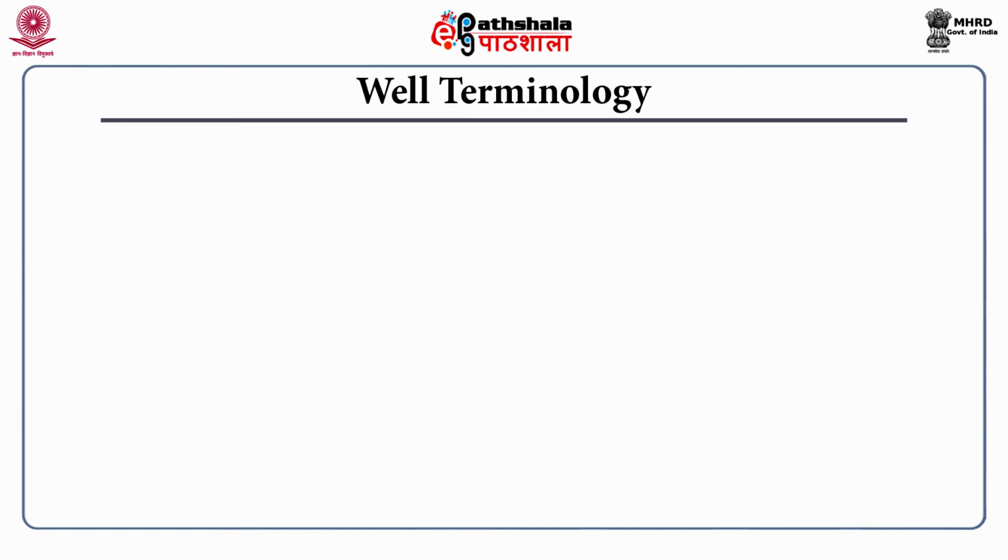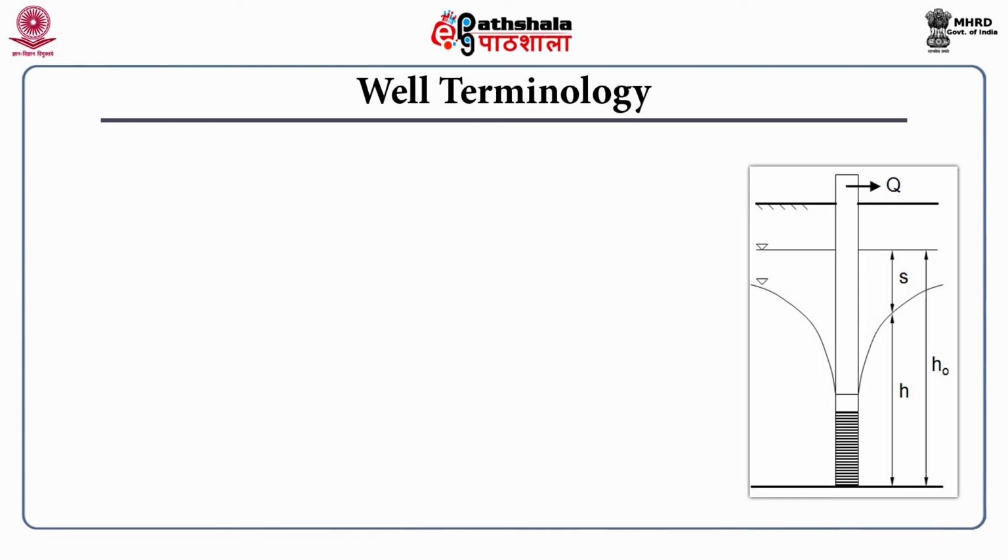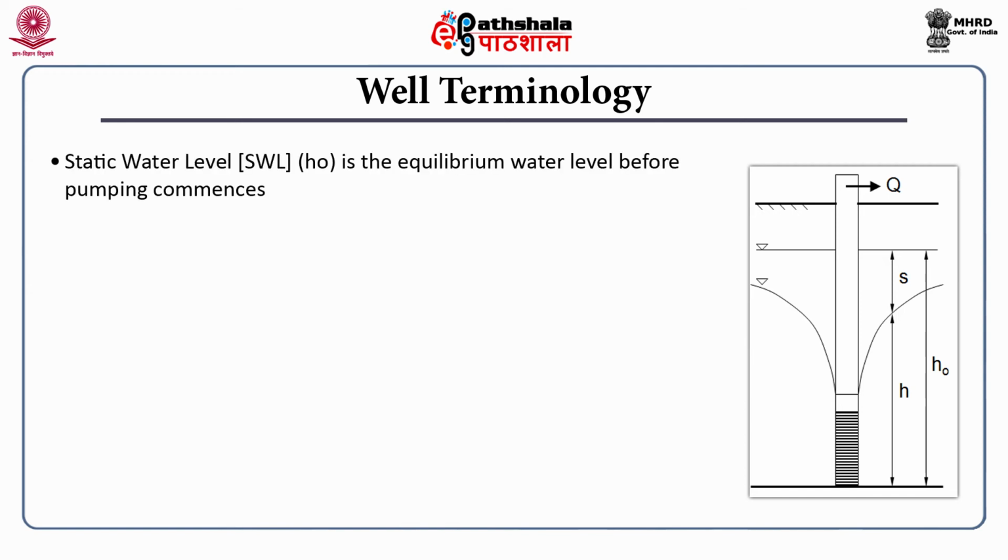So, this is the typical diagram which shows a hydraulic well, and these are the different terminologies associated with well hydraulics. The first one is the static water level, that is SWL. This is the water level before pumping is started.